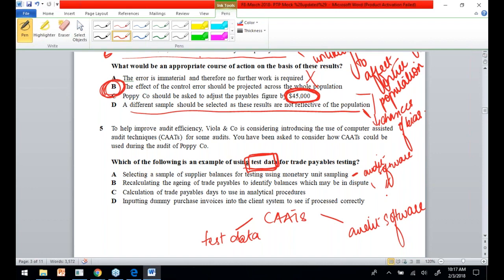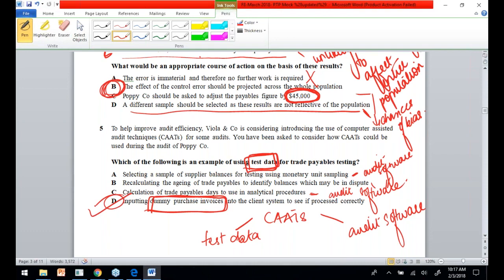Calculation of trade payables days to use in analytical procedures, that is also an example of audit software. Inputting dummy purchase invoices, and you should stop here because this is an example of test data.